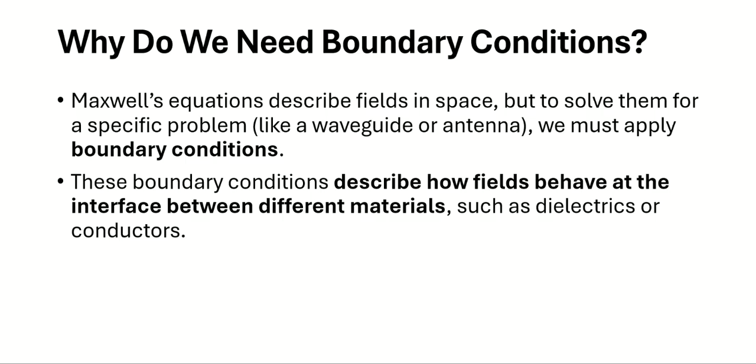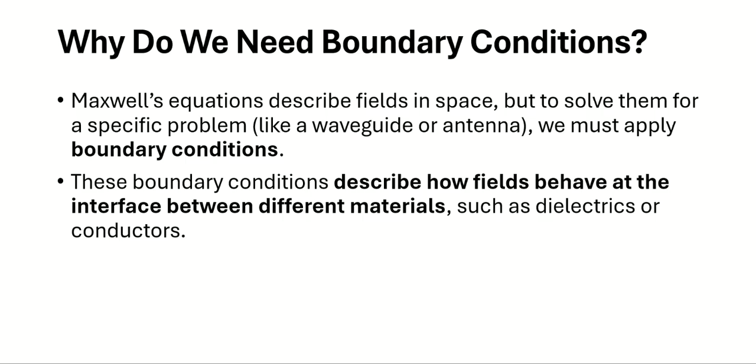In this case, because you have two interfaces, like in the antenna, you have the air and the antenna itself. These are two different interfaces, so we're going to use the boundary conditions. These boundary conditions describe how fields behave at the interface between different materials. As we see, with the antenna, you have the medium, which is pretty much the air, and the antenna itself.